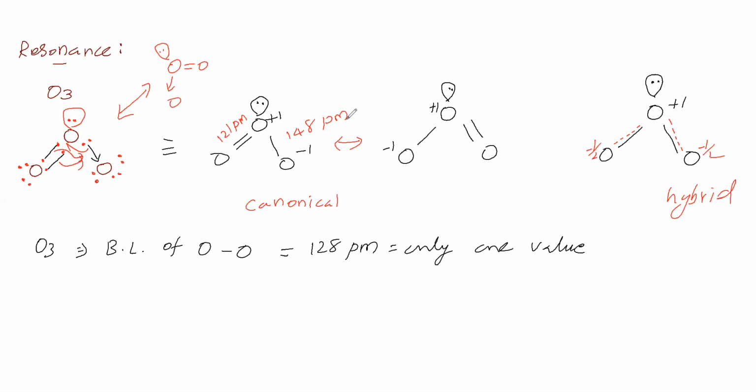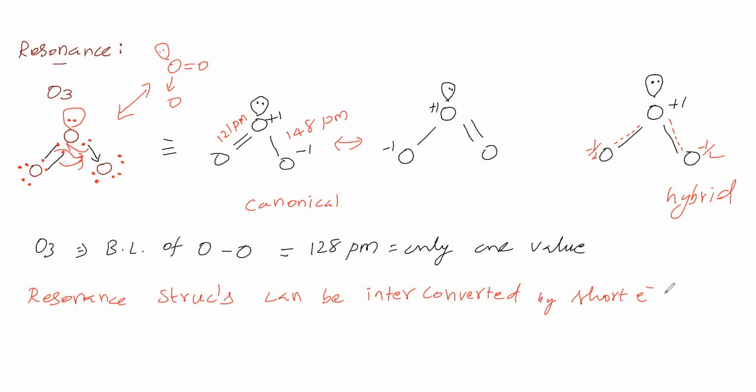Interconversion by short electron shifts results in what structures? Resonance structures. So what are resonance structures? That we will see. Resonance structures can be interconverted by short electron shifts.